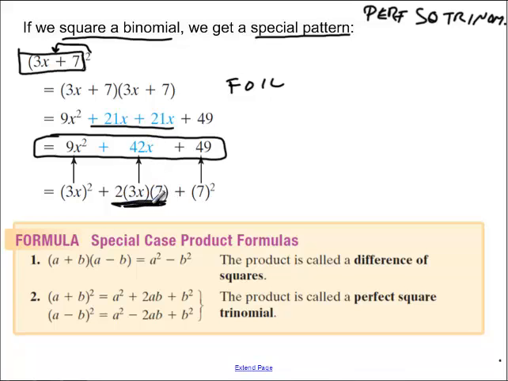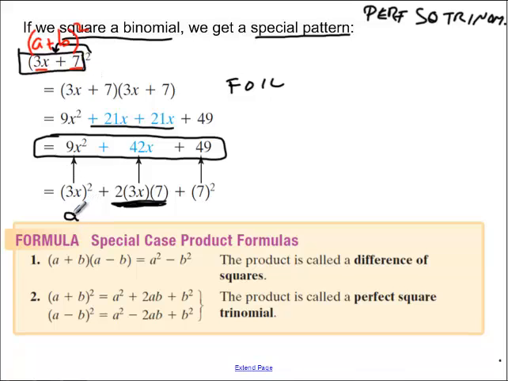We've got a 2ab. If I had to write this out, this would be my a plus b quantity squared. Here's my a term, there's my b term.